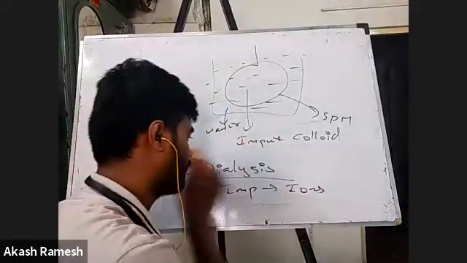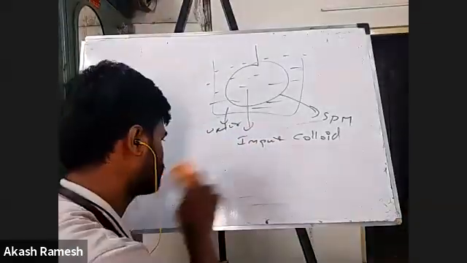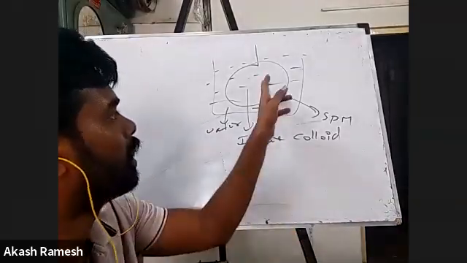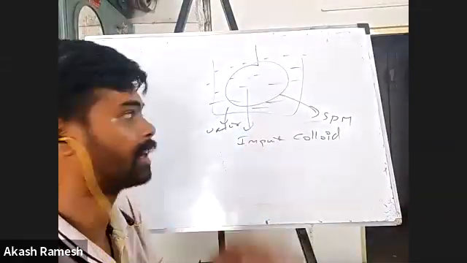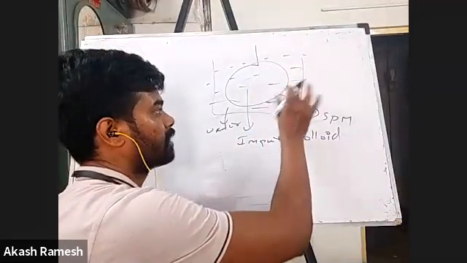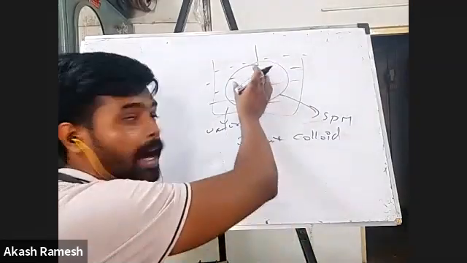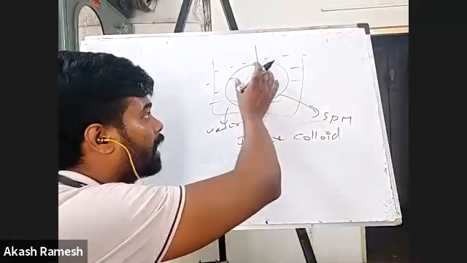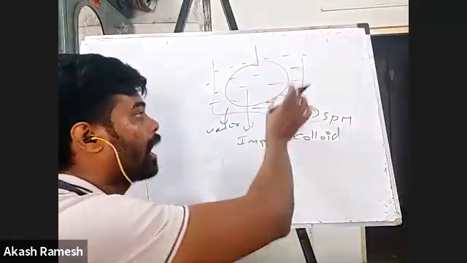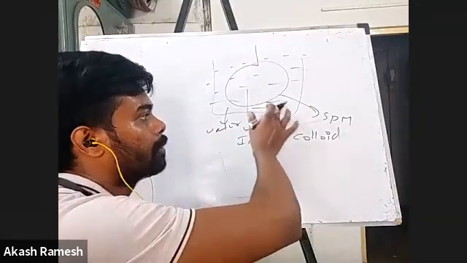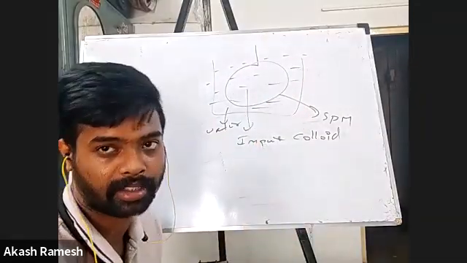So what is going to happen is the impurities which are present inside are of higher concentration inside this vessel, and outside the semi-permeable membrane I have water which has fewer impurities.